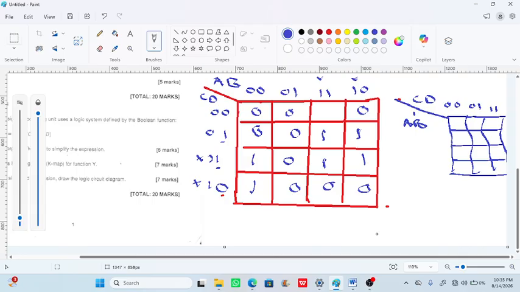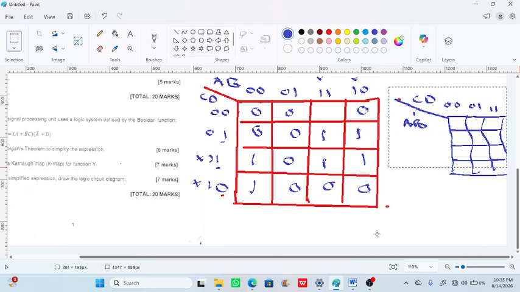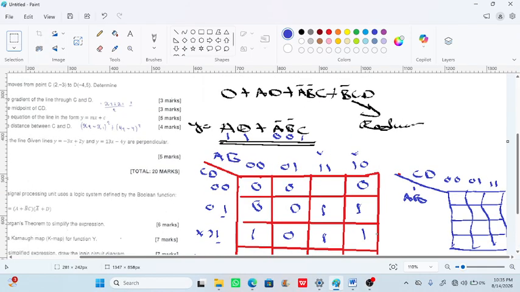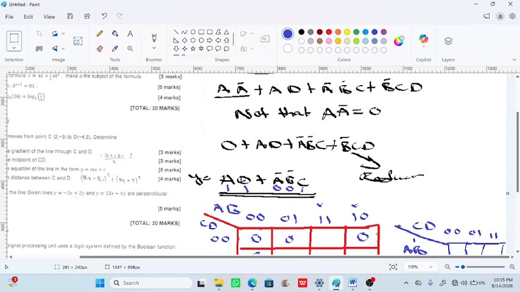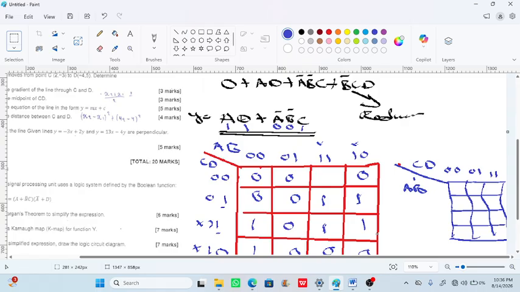Oops, we have missed something. Let me just try to get this and throw it somewhere. Do we have space up there? Just want to show you something. So we can get this and try to move it somewhere.